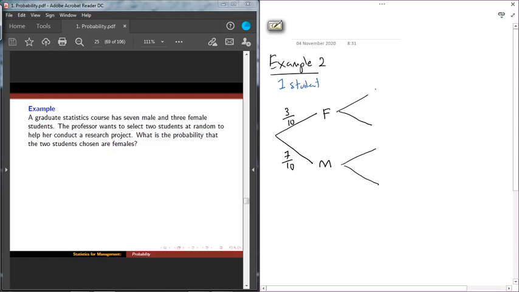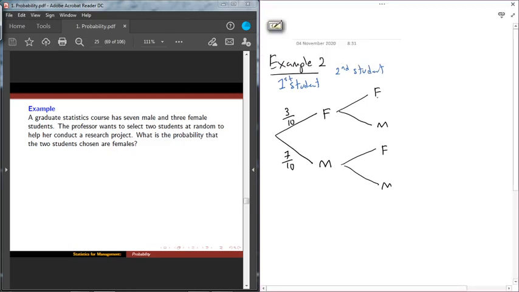Second student also can be female or male. What is the probability of choosing a female on the second student? This is second student, this is first student.